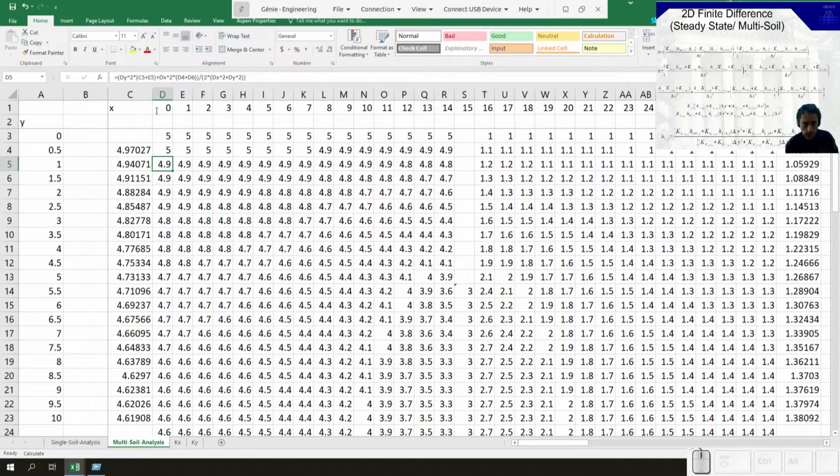So let me redo it for this term here. So kx, let's make sure that we got the correct value there.